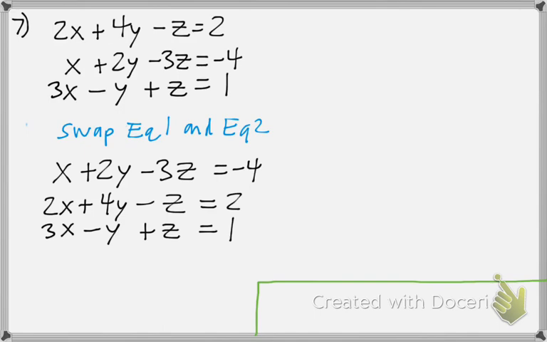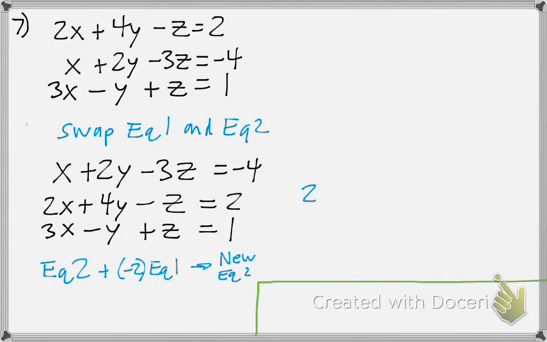So my next step is going to be to eliminate the x in my second equation. So I'm going to do equation 2 plus -2 times equation 1 to be the new equation 2.